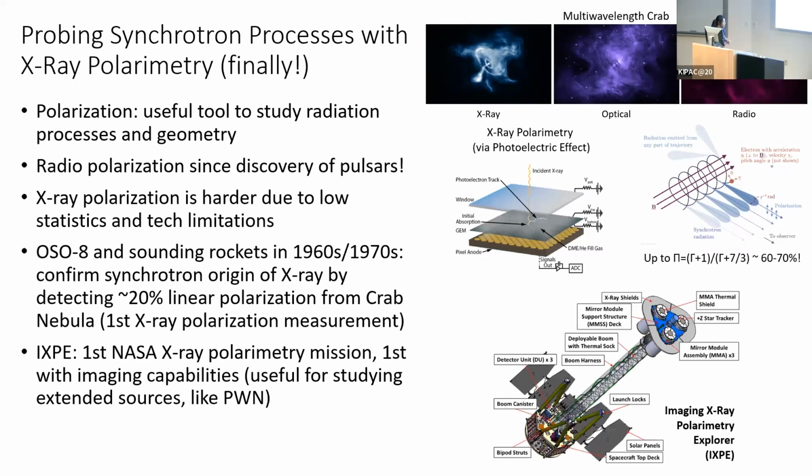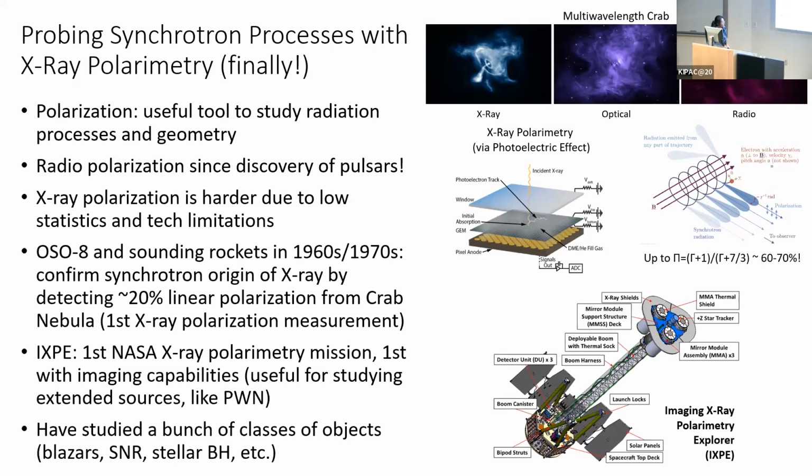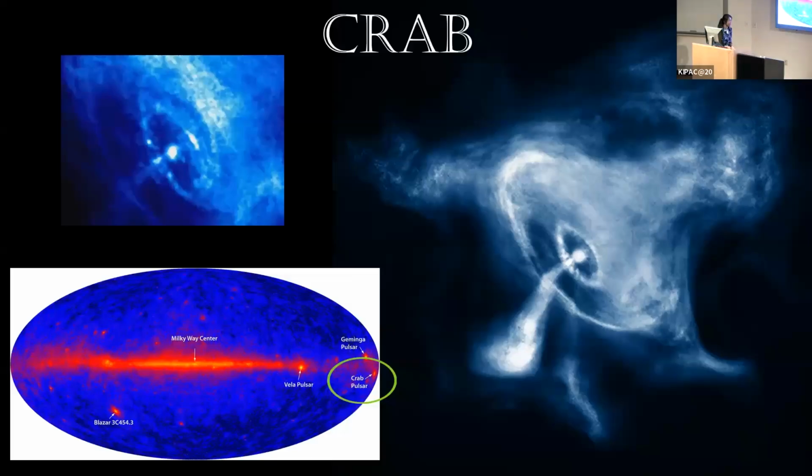That makes it very useful for studying extended objects like PWN. In the past 1.5 years of IXPE observations, we've studied a whole class of different objects, but in this talk I'm going to focus on pulsar wind nebulae, and just two sources.